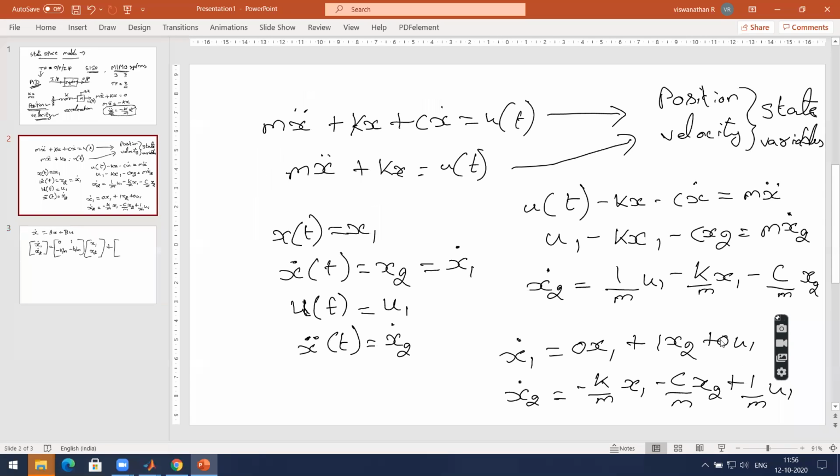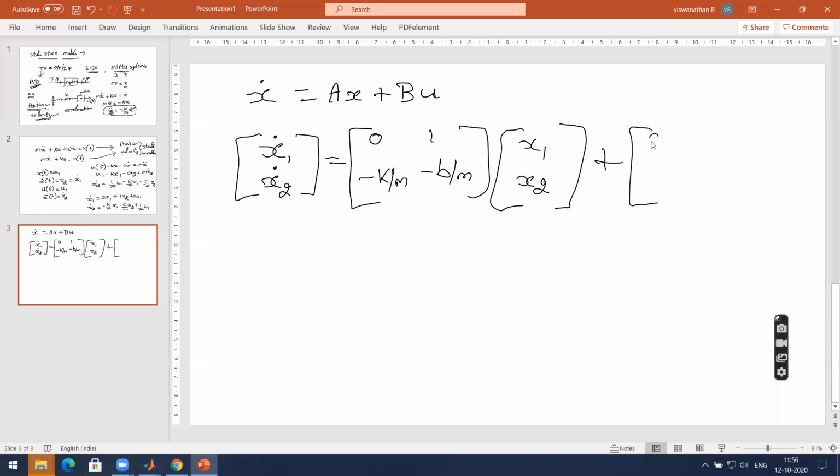It is 0 and 1 by m, multiplied by u1. Only u1 is there. So we have written this in this form. Now what is this actually?